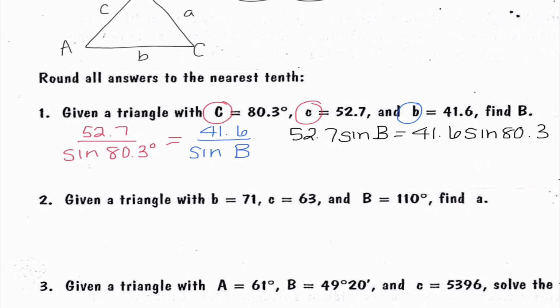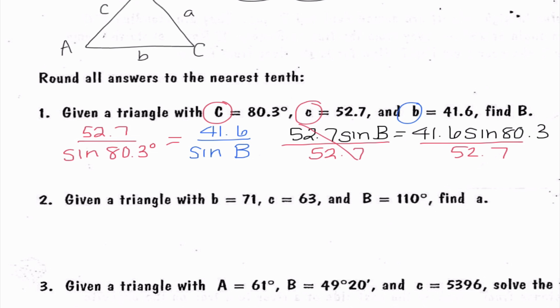And we've talked about that a lot, but it's always important that we double check what mode we're actually in. So change your calculator right now. Okay. So now I'm going to go ahead and divide both sides by 52.7. And I notice that that isolates sine of angle B.